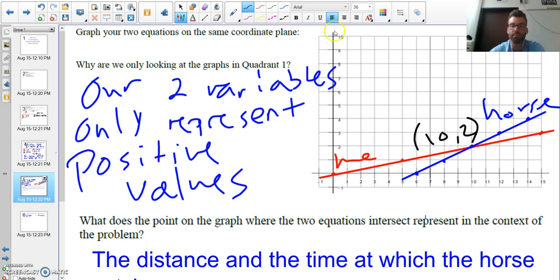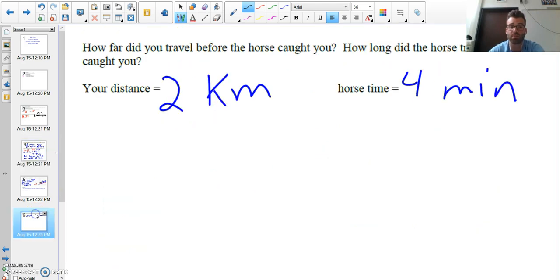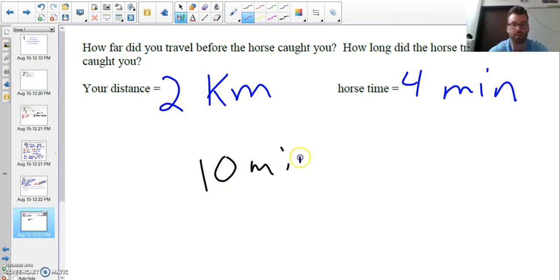How long did it take the horse to catch you? Well, we found that out right here. It took 10 minutes for the horse to catch me, but I wrote down 4 minutes. Why is it 4 minutes as opposed to 10 minutes? Well, think about it like this. It took me 10 minutes, but the horse didn't start running right away.